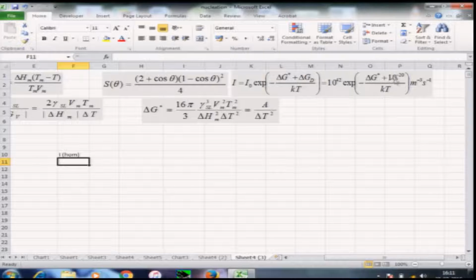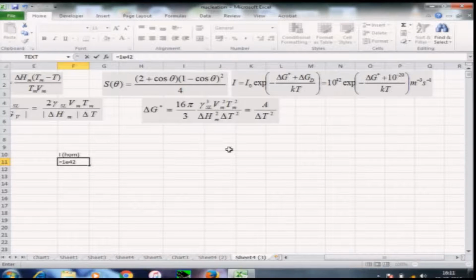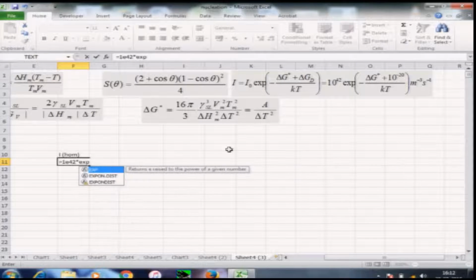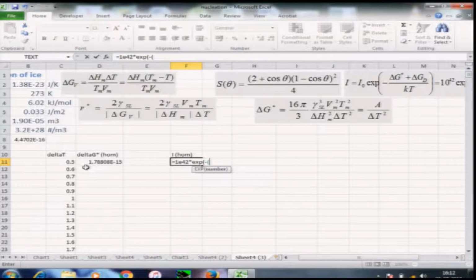So, that is taken here. So, we will put down this formula in here, I0, which is 10 to power 42 multiplied by exponential minus brackets, and I want to put delta G star here, which the value is residing in D11 cell.